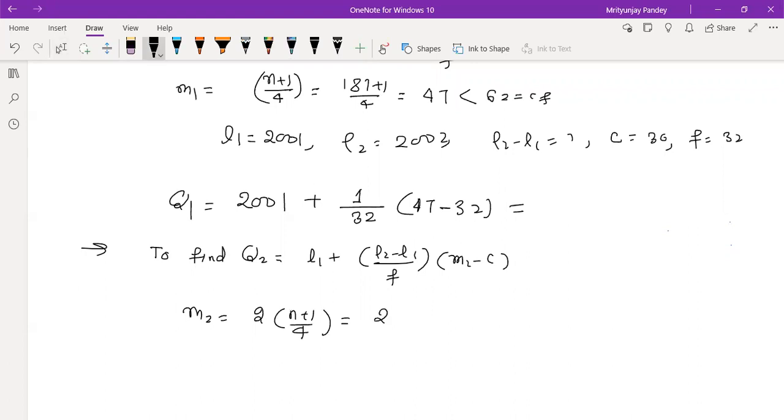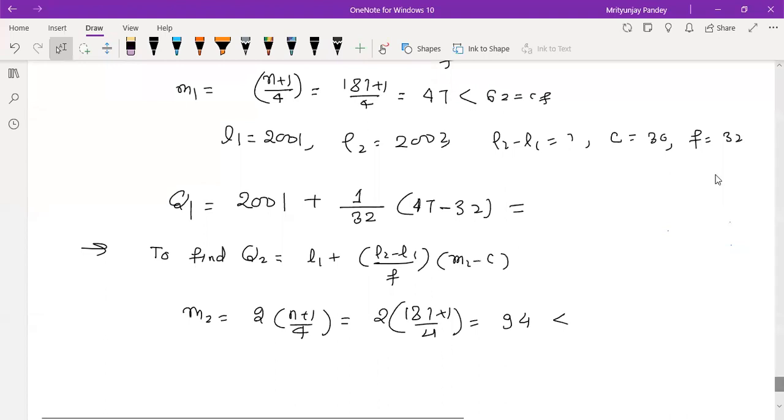That is 2 times of 187 plus 1 by 4. Answer is 94, right? This is just less than, this 94 is correct, right? I just doubled 47.